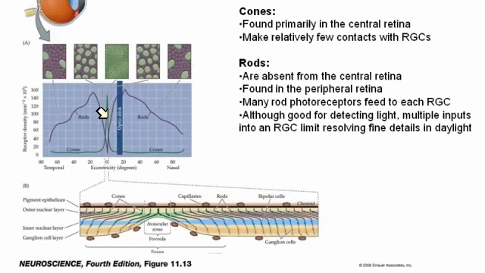The central retina is where the fovea is located. The rods, which are primarily responsible for nighttime vision, are located out here at the periphery. And if you compare the distribution of rods to cones, you can see that although there are some cones out in the periphery, they're relatively low in number.